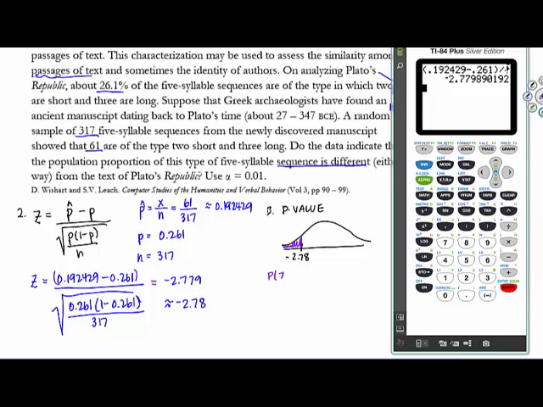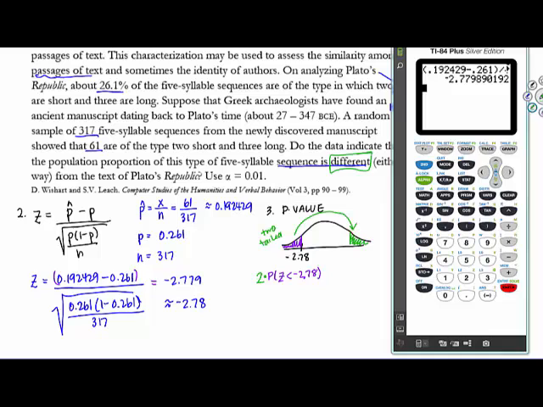What's the probability that z is less than negative 2.78? And then because the hypothesis test is two-tailed, we'll multiply this probability times 2. We want to also consider the possibility of it being on the other side. That's because the alternative hypothesis was two-tailed, or the test said test if it's different. So let's look up the table.